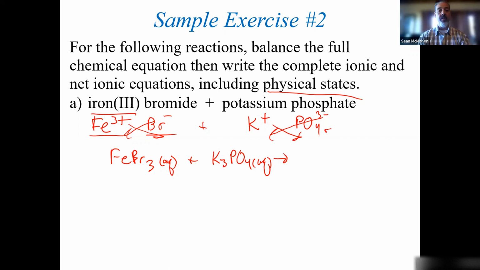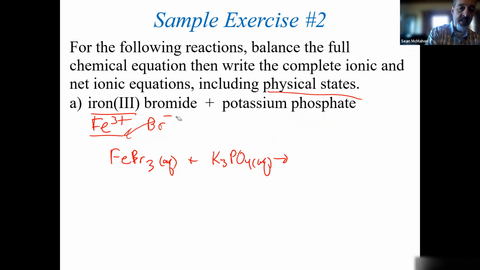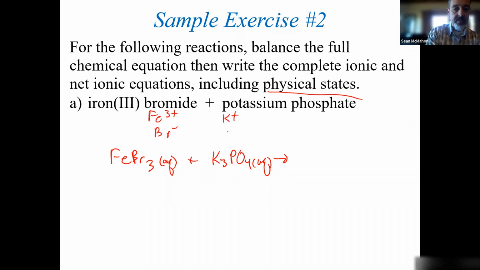It's group 1. Now what do we need to do? We need to predict products. How are we going to do that? Okay, I'm going to rewrite this. Fe3+, Br-, K+, PO4 3-. So what are we going to do?